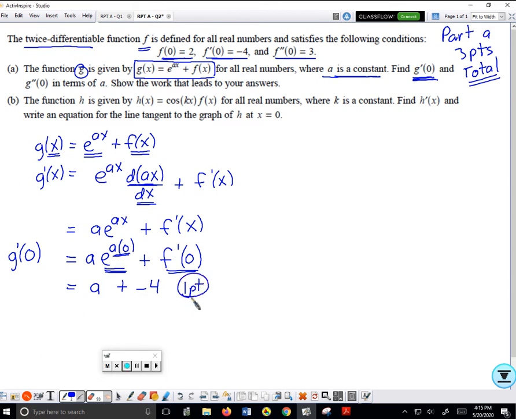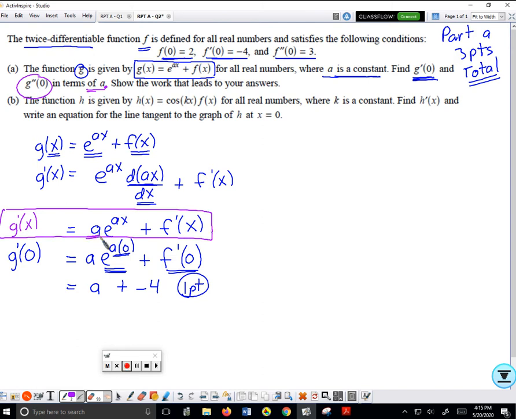So now it says find g double prime of 0, in terms of a. There was a period. I probably should have gone to the period. So I've got my formula here for g prime of any x. So what I need to do is take the derivative of that formula.